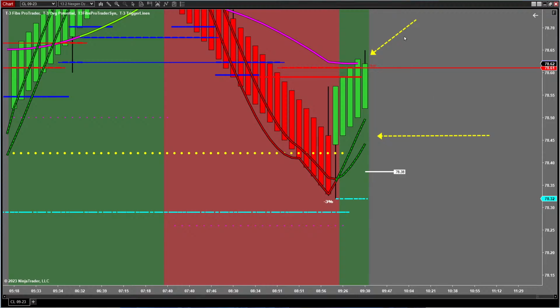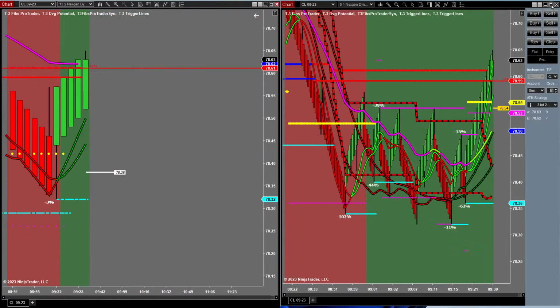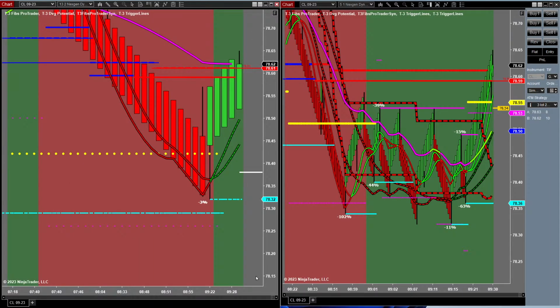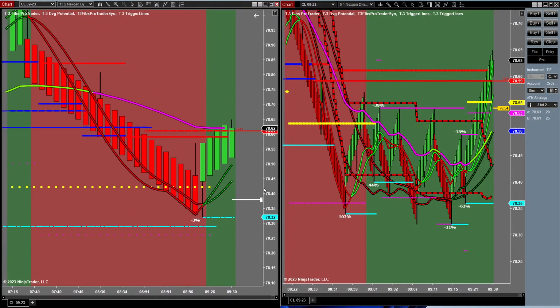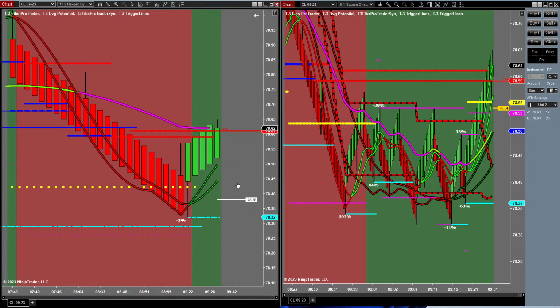So what we're waiting for is one of two things, and I don't care which happens first. We're waiting for a breakout of resistance, which would be fine. I don't care if it goes up or if it goes down, nor should you.